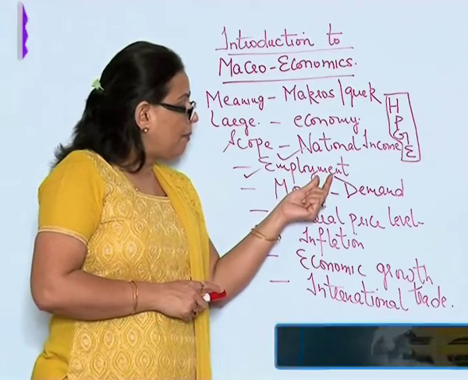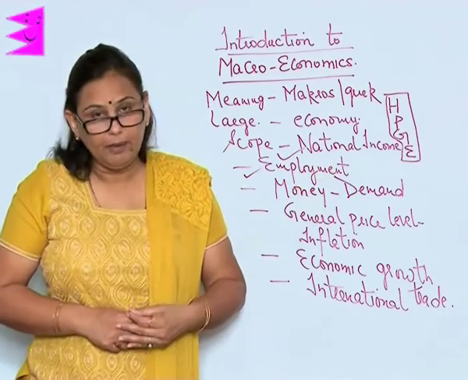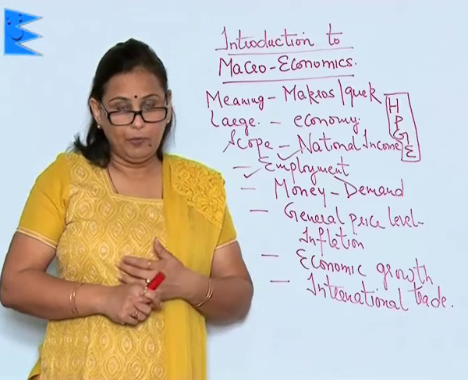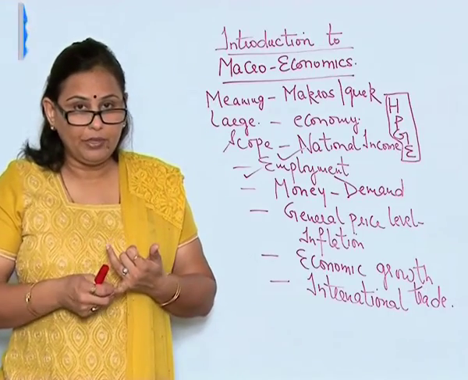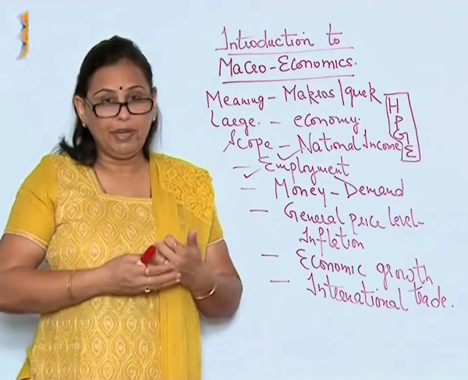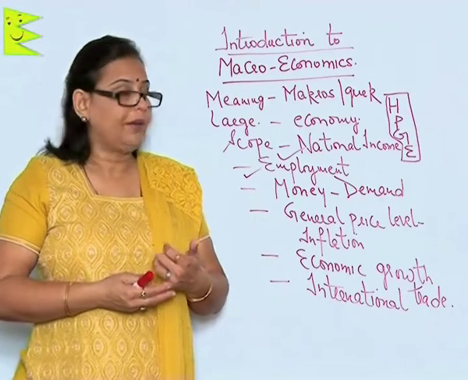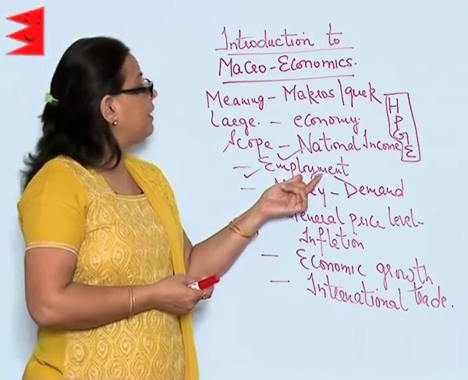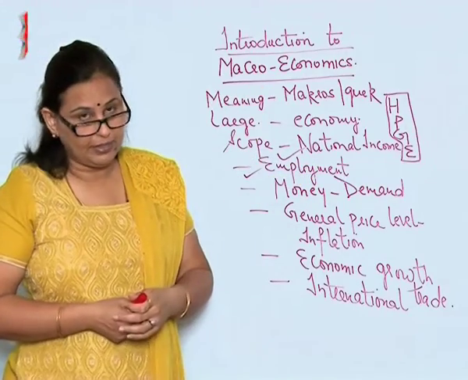We do not talk about the employment of an individual, but about aggregate employment, which means the production and the number of jobs available in the market and so on.